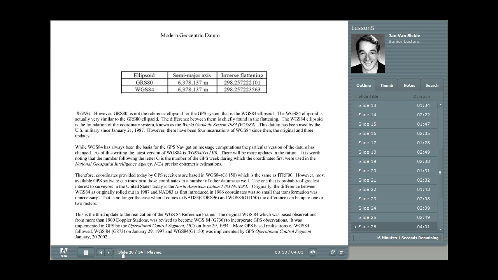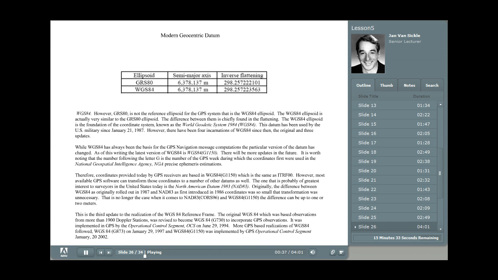However, GRS 80 is not the reference ellipsoid for the GPS system. That is the WGS 84 ellipsoid. And here you have a comparison between the two, and you will notice that the semi-major axis is the same, and the inverse flattening is only different when you get out to the 6th place to the right of the decimal.